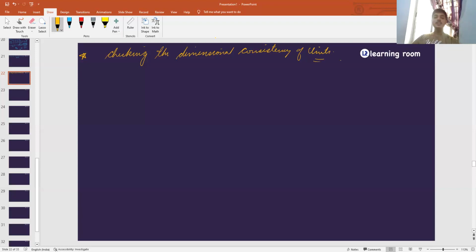For example, if I say that V is equal to U plus AT, where V is final velocity, U is initial velocity, A is acceleration, and T is time.